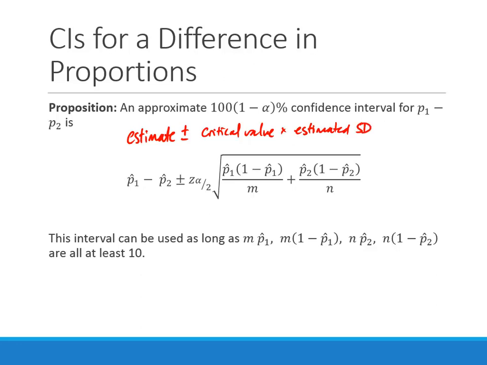So my estimate is that difference in sample proportions plus or minus a z critical value. So we'll go back to the z there. And then, again, the variance of our estimate depended on P1 and P2, so we can plug in our estimates here and get something that we can actually calculate. And again, this is appropriate to use as long as your sample sizes are large enough. So same checks that we did for the test that we'll do here.